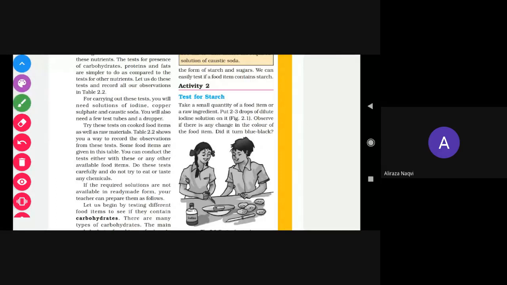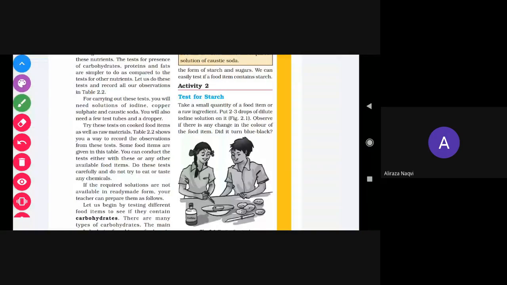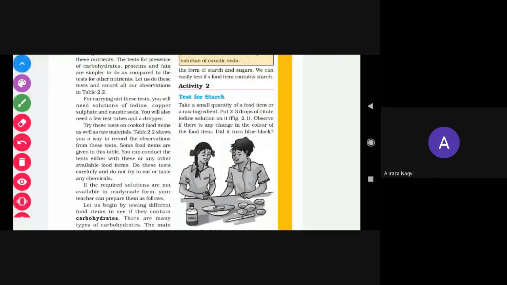And what is the original color of iodine? Iodine, ma'am, black or brown after changing. After changing, it will turn into black or blue. But what is the original color? If the color is not changing, what is the original color of iodine? Ma'am, like brown. Yes, very good.